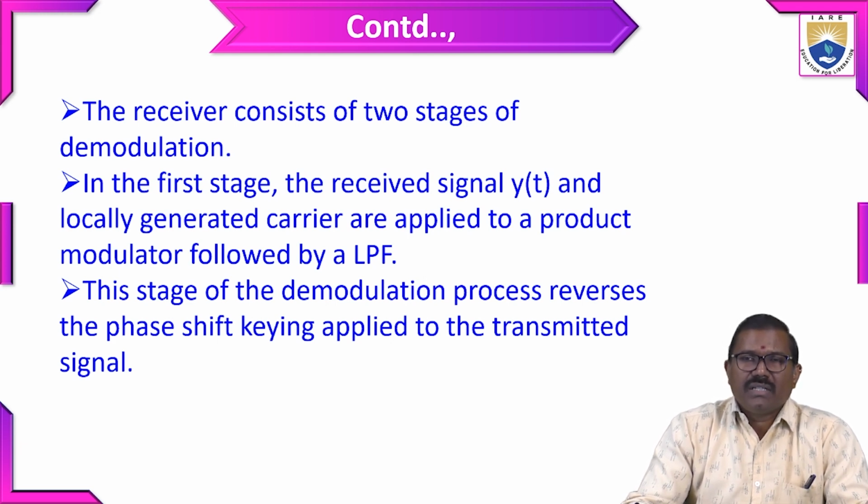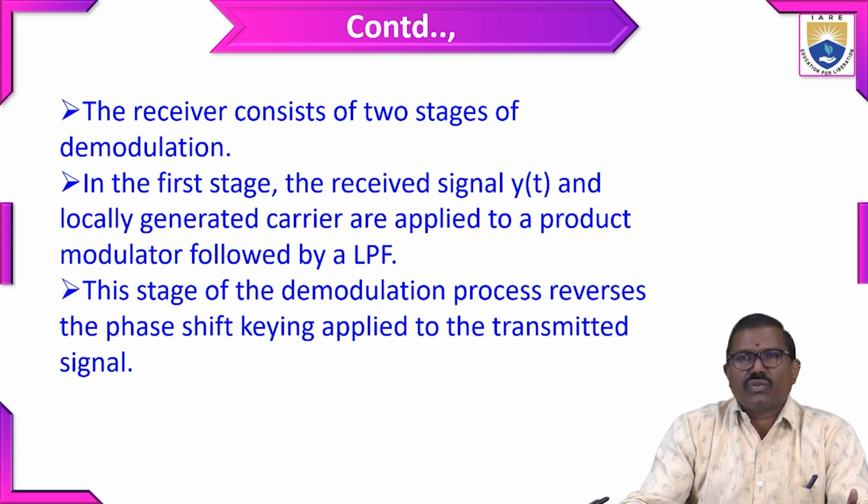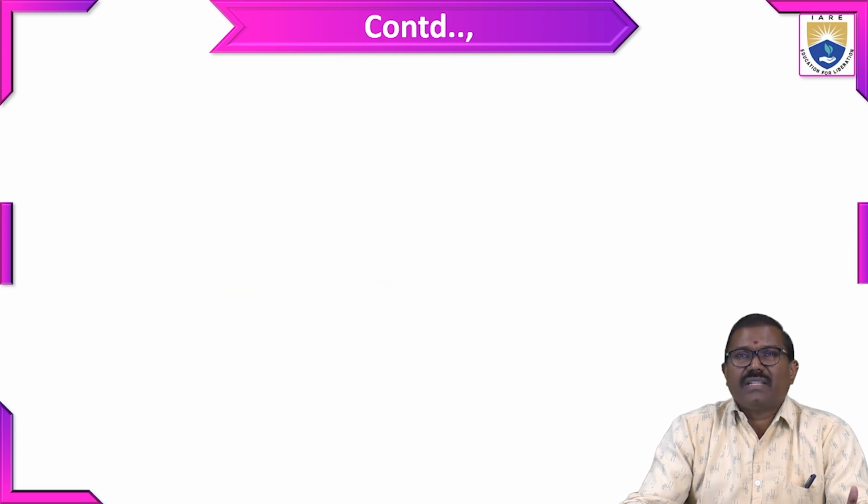Because the last stage of the transmitter is PSK, which provides a phase shift of 180 degrees, so that removes the phase values of the transmitted signal.